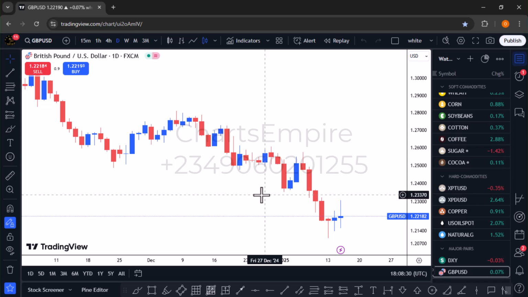Before you can do buying and selling in the financial market, you need to know what buyers are saying and what sellers are saying. How can you differentiate between the two? It is through the act of reading candlesticks, right?